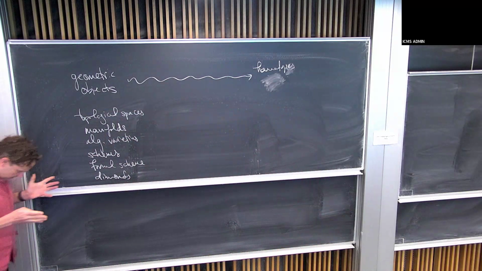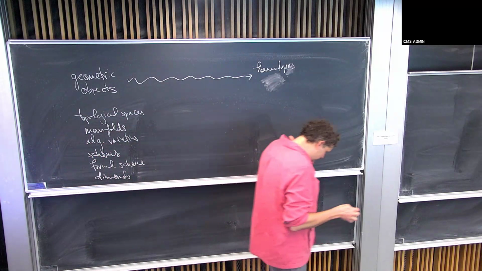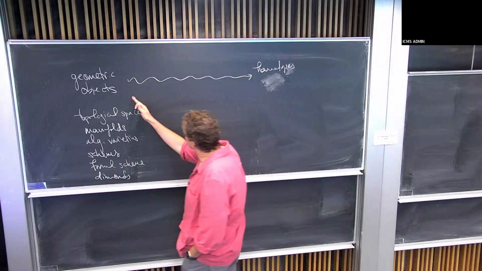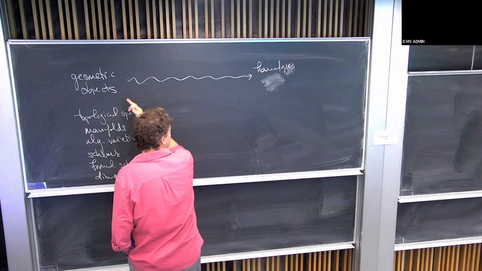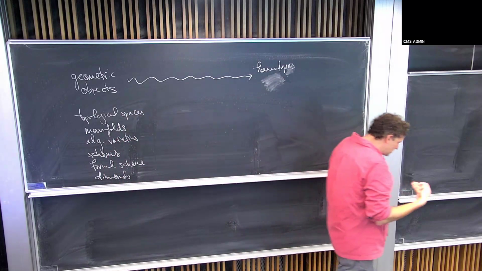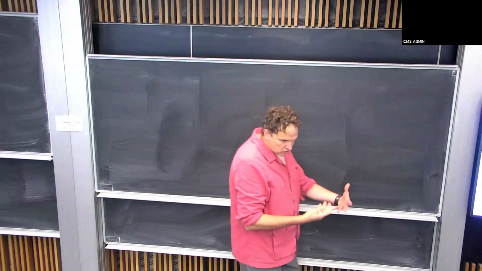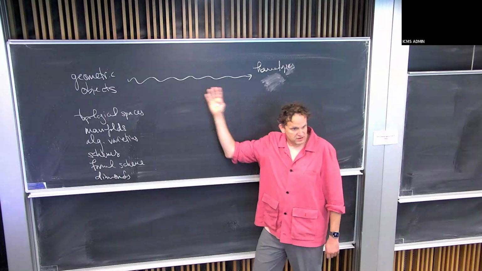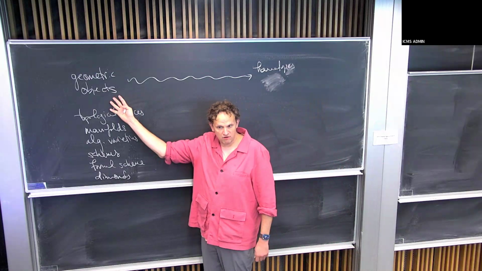What I'm going to talk about today is how there's actually a whole range of intermediate things between these two extremes. At various stages along the way, you might want to look at information that is more than just the homotopical information, but is not as much as the outright geometric information.